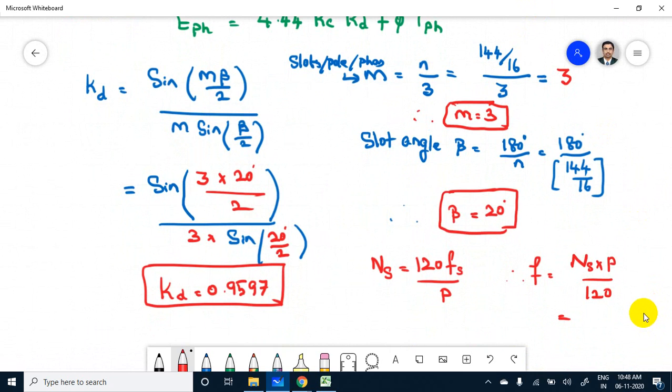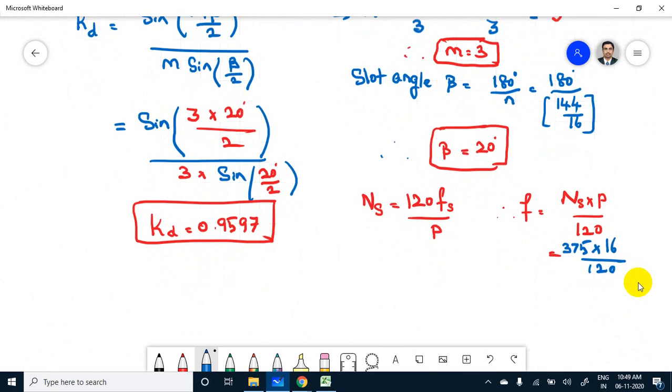This value substitute here. Speed is 375 into how many number of poles as per your question? 16 divided by 120. So what is the frequency? 50, sir. Good. Frequency we can write Fs or F, both are same because it is a synchronous machine, right? F equal to 50 Hertz. Okay, 50 Hertz, we got it.